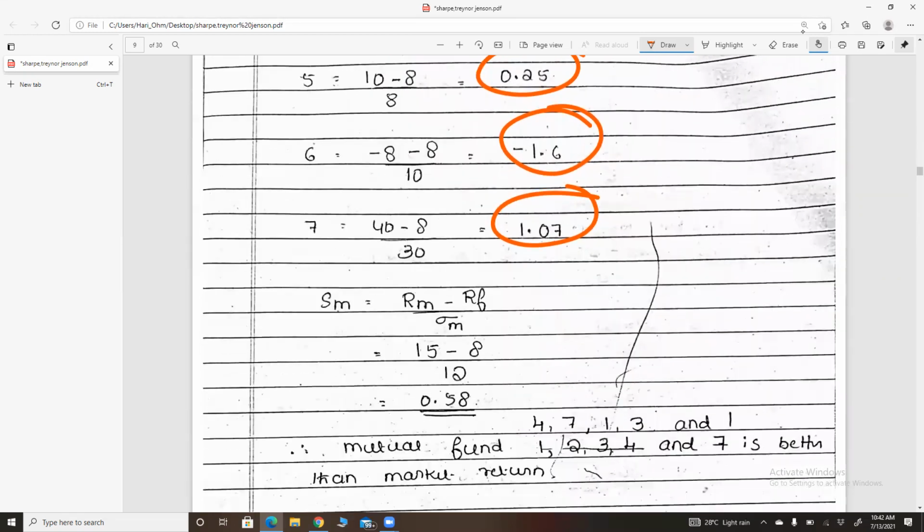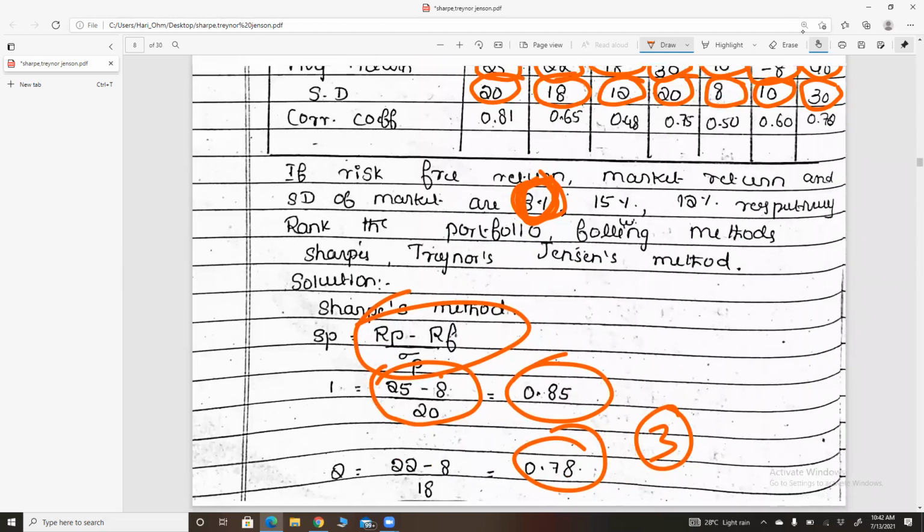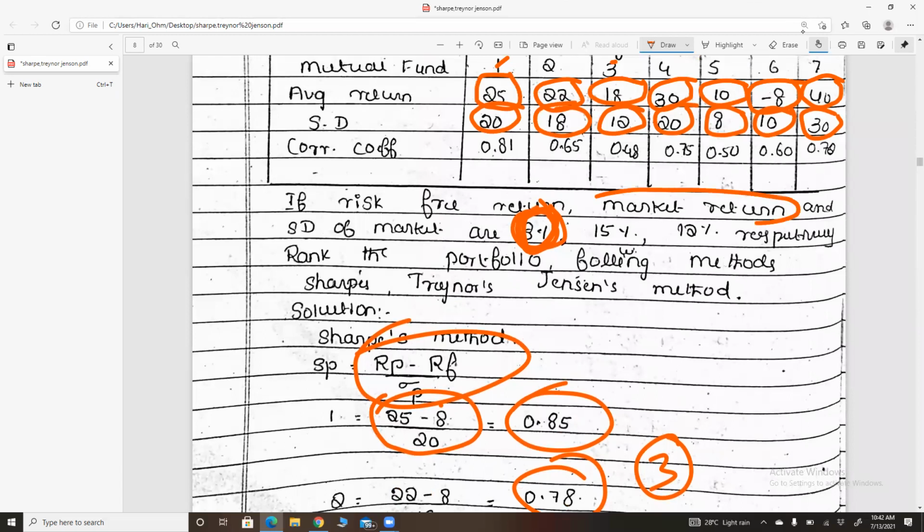Next you need to calculate SM, that is for the market, with the formula RM minus RF divided by standard deviation M. Now what about RM? RM is the market return, that is the second one, 15%.